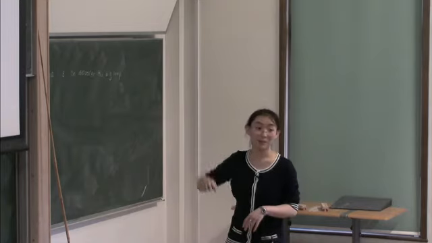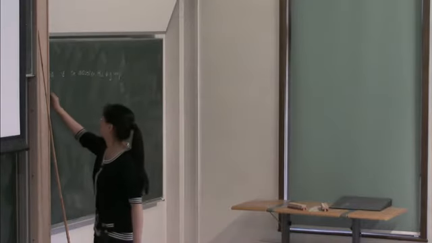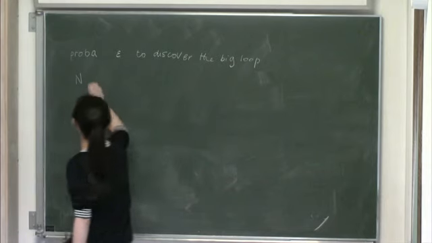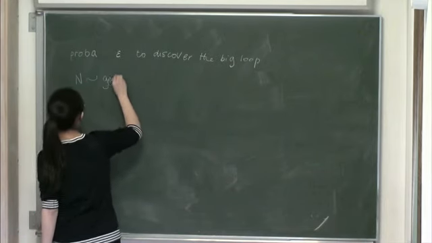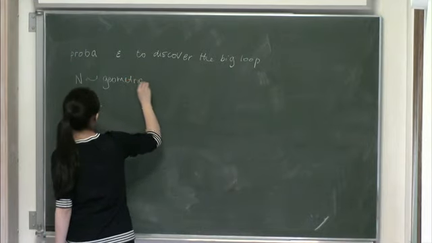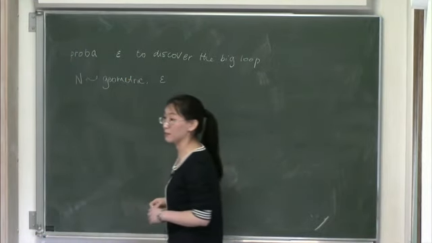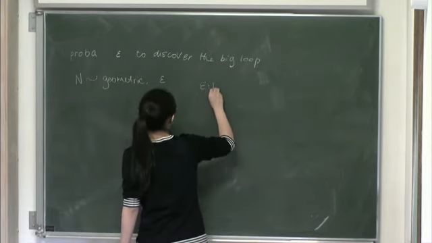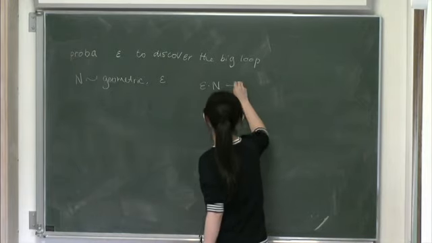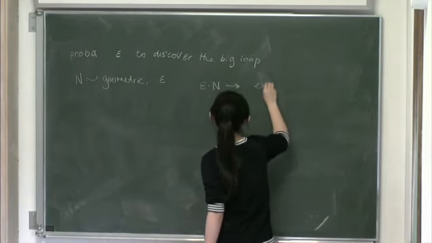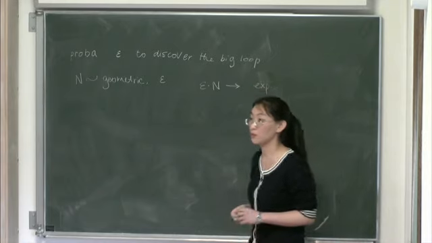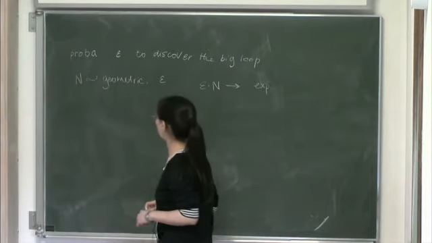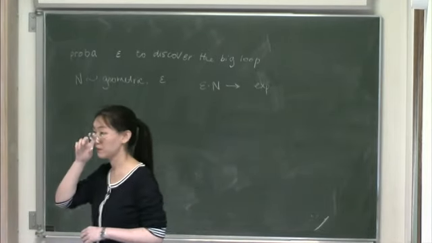Because all these steps are IID, we know that the step N, when we discover the loop, satisfies the geometric law with parameter epsilon. And in particular, epsilon times N will converge to the exponential law as epsilon goes to 0. So this is just a basic consequence of N satisfying the geometric law.